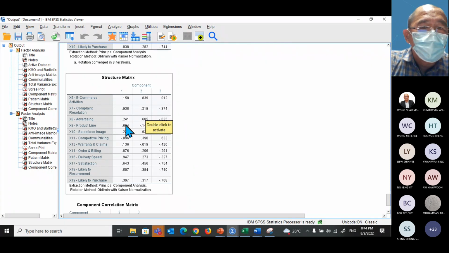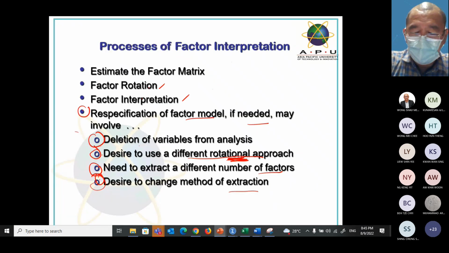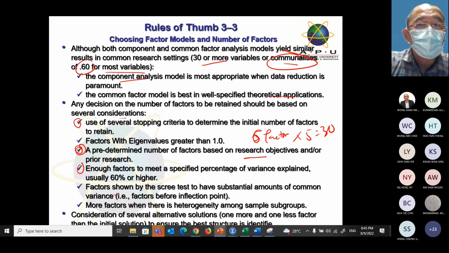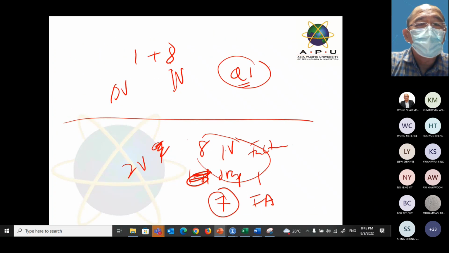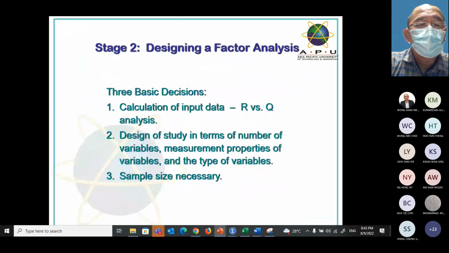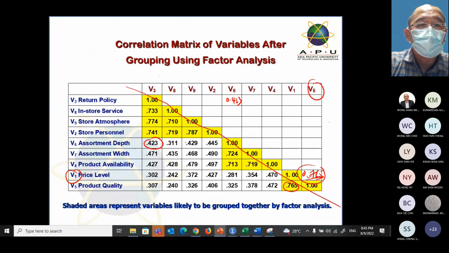Sir, in the first few slides of this factor analysis, when you see this correlation matrix, is that the Pearson coefficient, or is it not the same? It's a different thing from rotation.